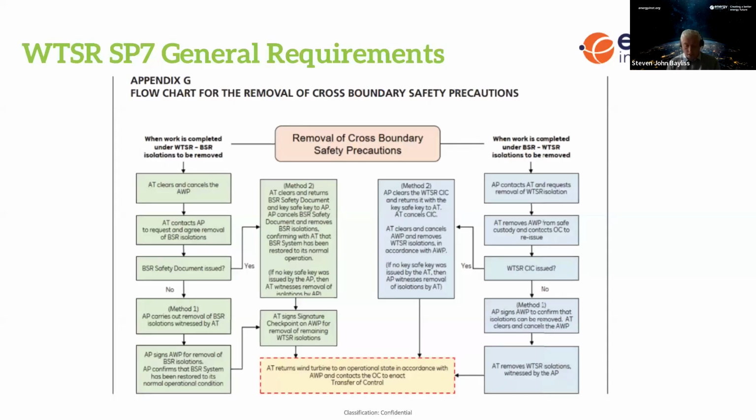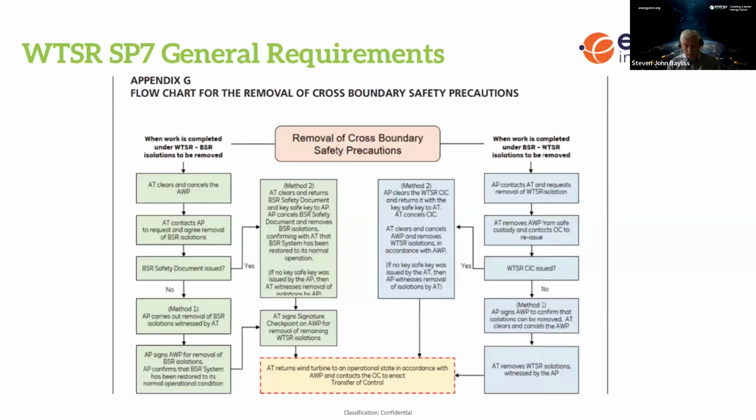If we go back to the decision box, is the boundary safety rules safety document issued? If that's a yes, then the AT clears and returns the boundary safety rules safety document and key to the AP. The AP cancels the boundary safety rules safety document and removes the boundary safety rules isolations, confirming with the AT that the boundary safety rules system has been restored to its normal state.